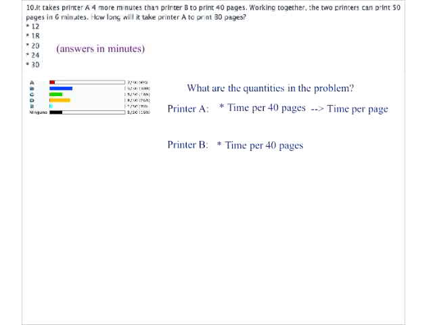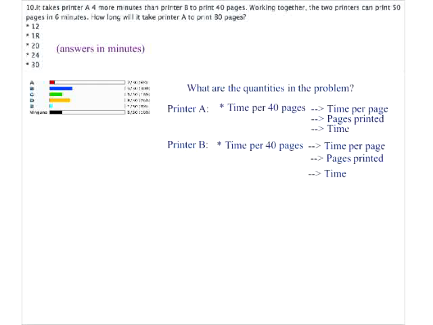And then you've also got pages printed, and you've got time. Same thing here, number of pages printed and time.